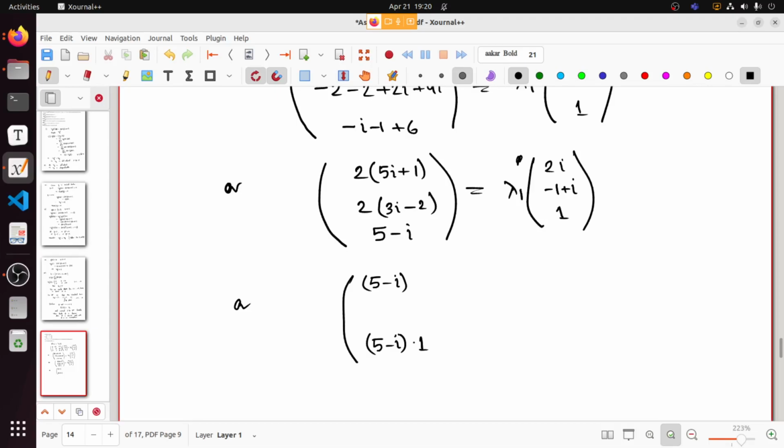Then what will remain? If you multiply 5 minus i with 2i, you will get 10i plus 2, right? So this is correct. And again, minus 1 plus i and 5 minus i should be there, 5 minus i into minus 1 plus i, right?